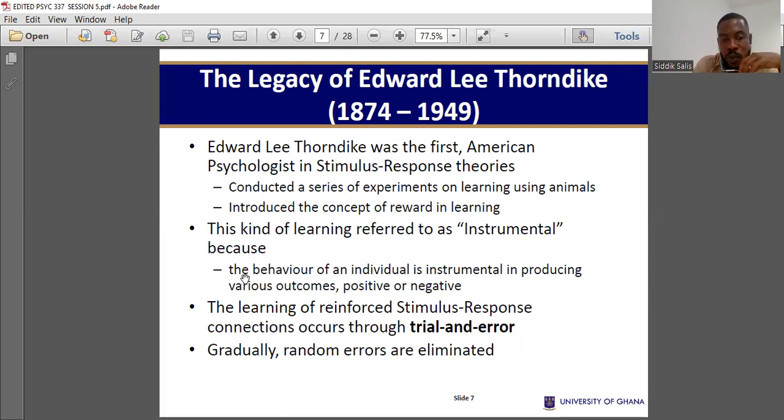This is the reason. We say that the behavior of an individual is instrumental in producing various outcomes, positive or negative. So the person himself, the readiness of the person, the practice of the person and the outcome of the person's actions are very, very key.